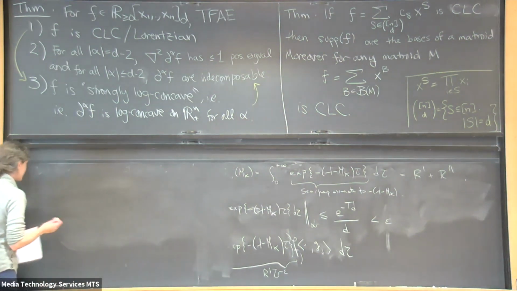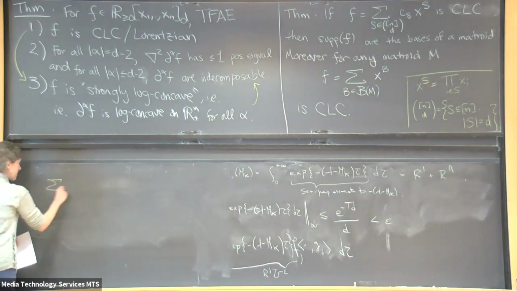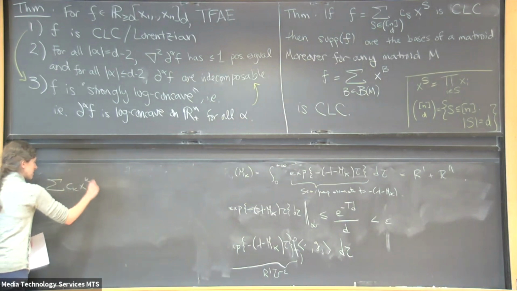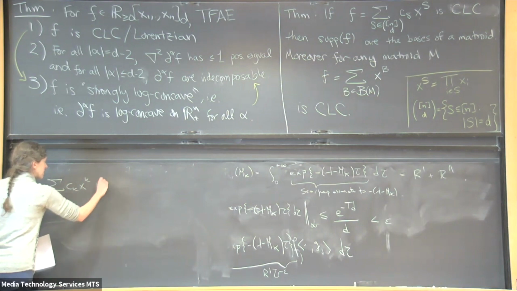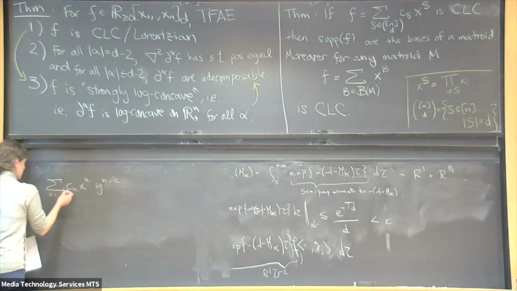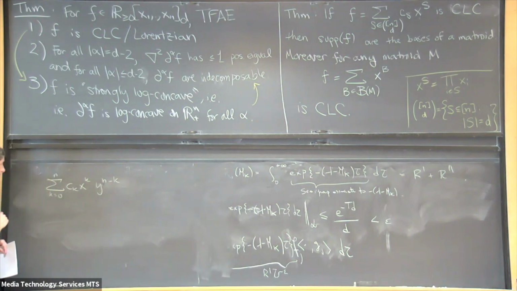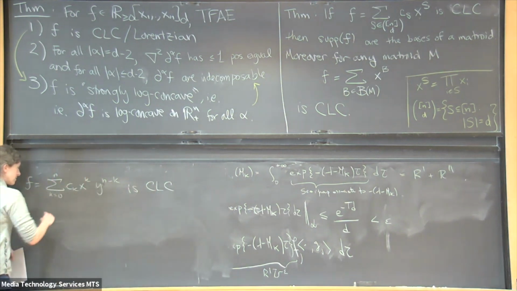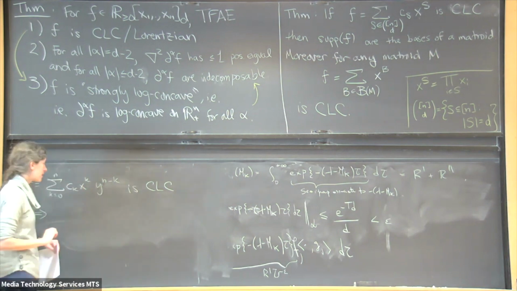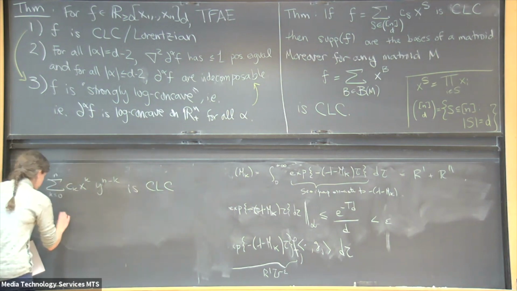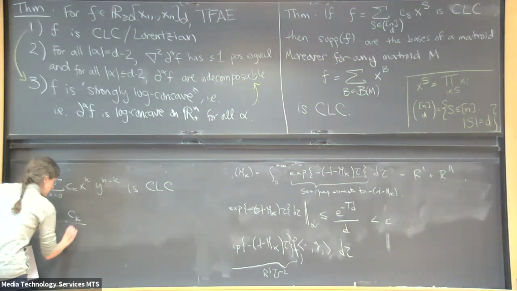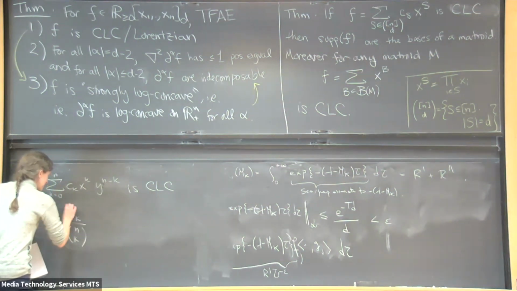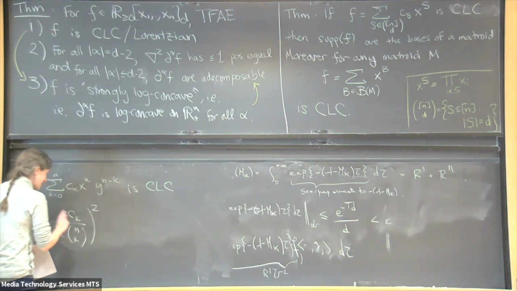Hopefully this answers your question, but at least for bivariate polynomials, the sum of c_k x to the k, y to the n minus k, is completely log concave if and only if the coefficients satisfy the Newton inequalities, and you shouldn't have gaps. The problem is you have to put too many adjectives.